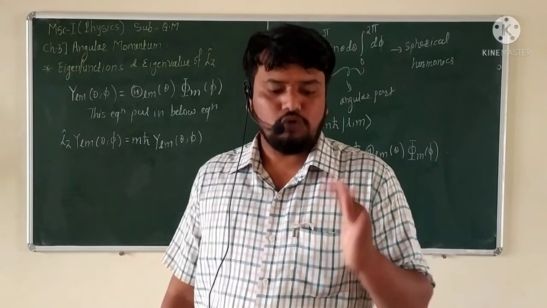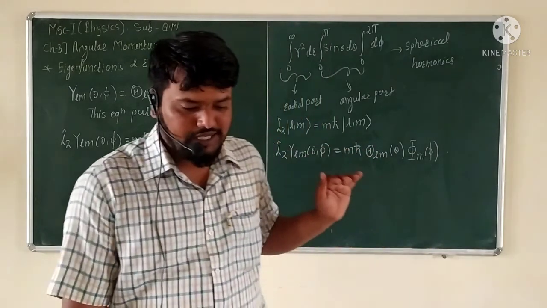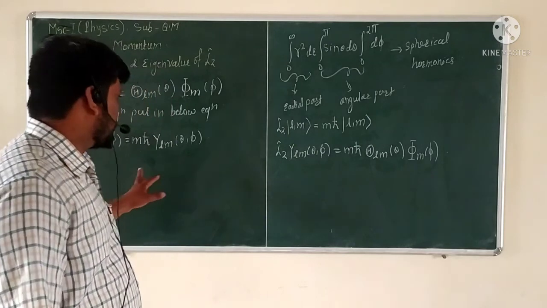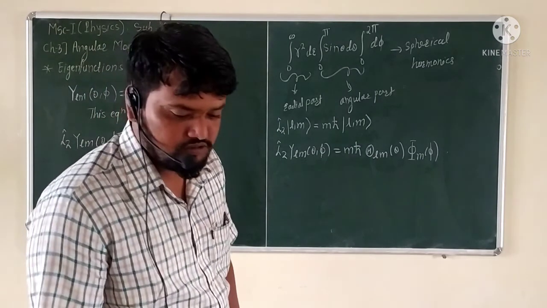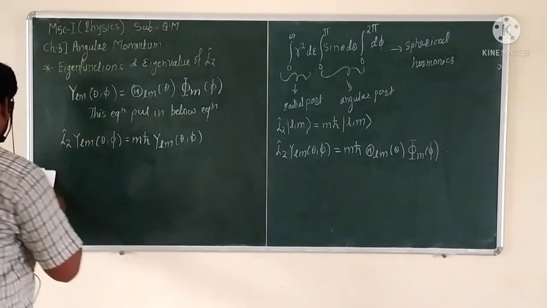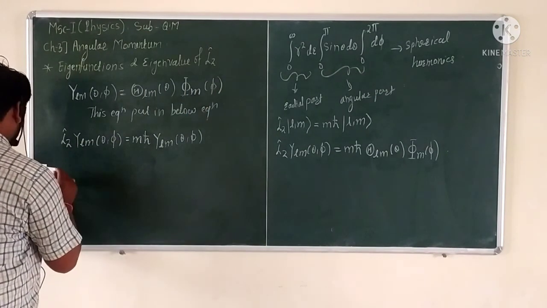If we solve this equation and put this YLM of theta phi value in it, what do we get?